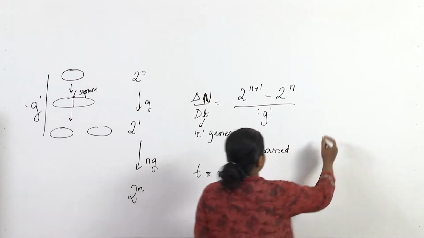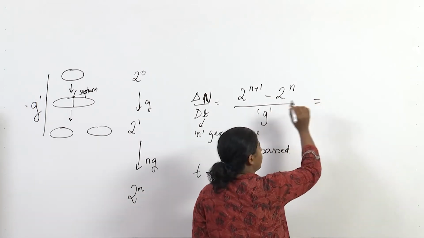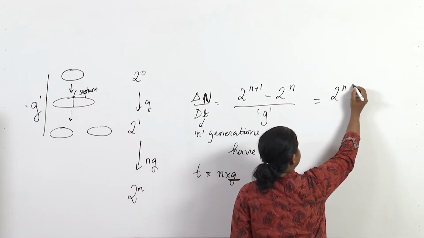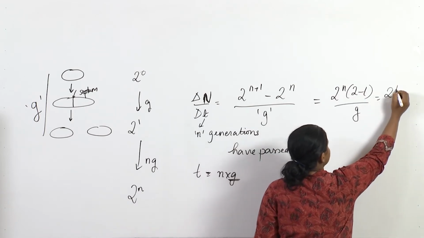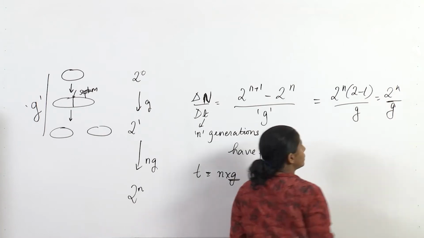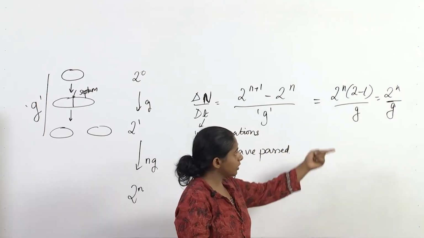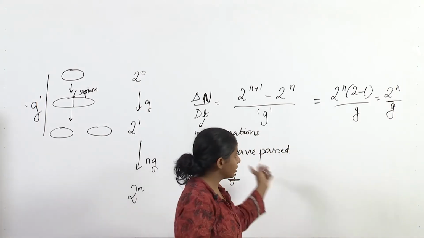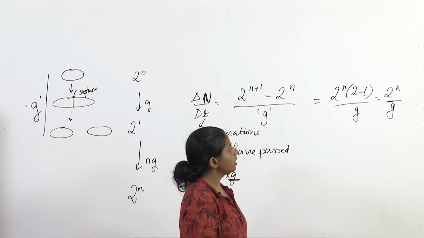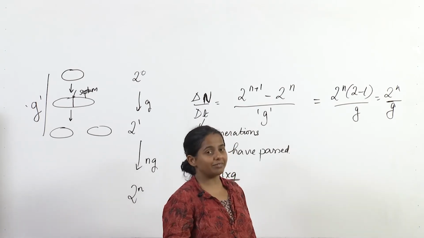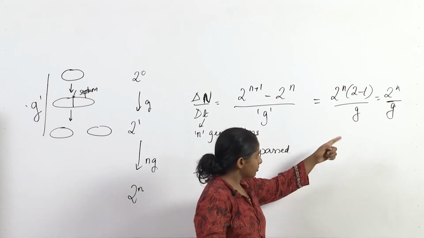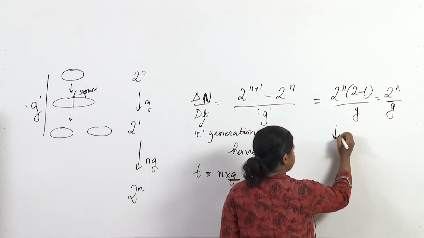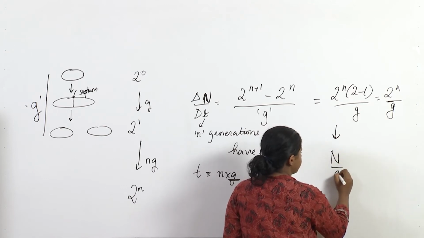Now, obviously this can be very easily solved by taking 2 to power n common, and then we have 2 to power n, 2 minus 1 upon g, and thus we are left with 2 to power n upon g. Now, notice here 2 to power n, which is the numerator of the right hand side of this model, is actually the number of microbial cells that we ideally have at this particular time already, and thus we can also write this as n by g.